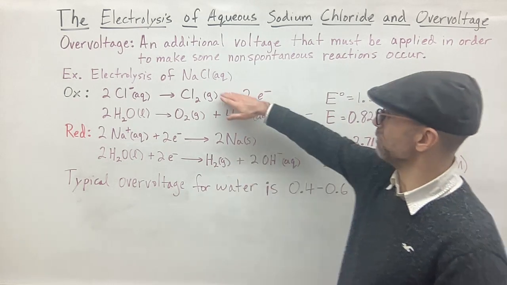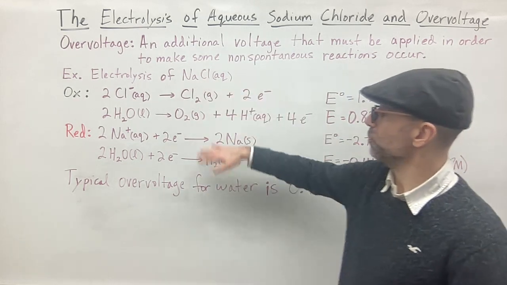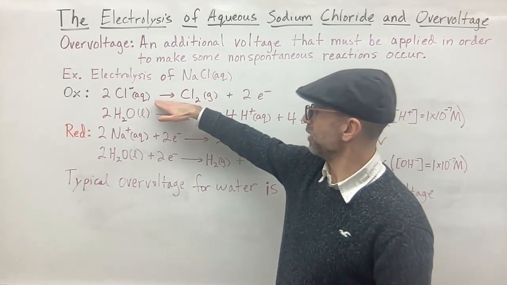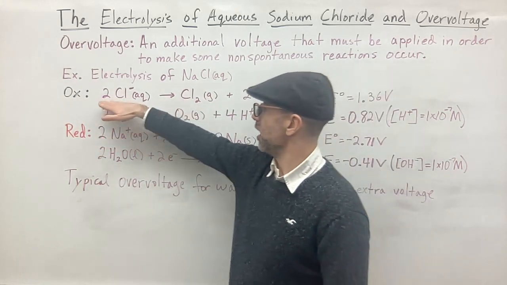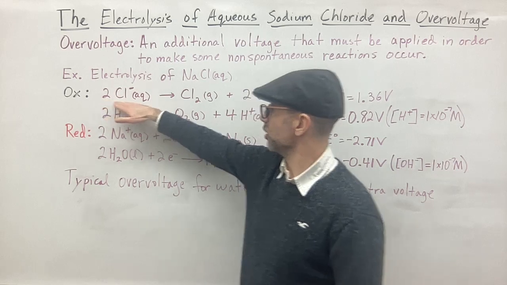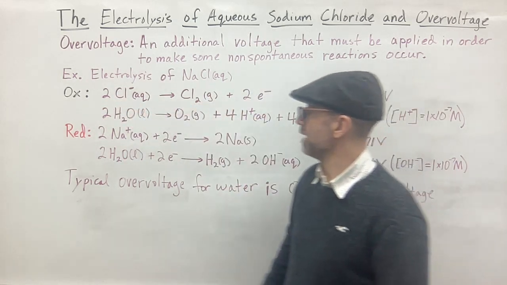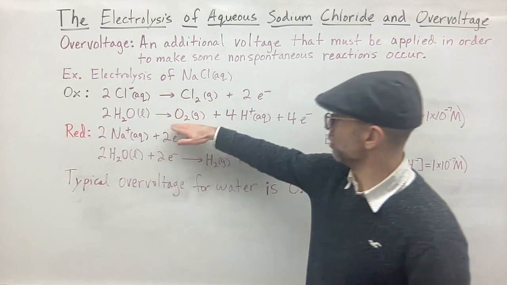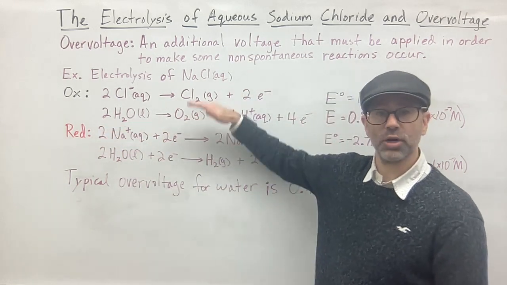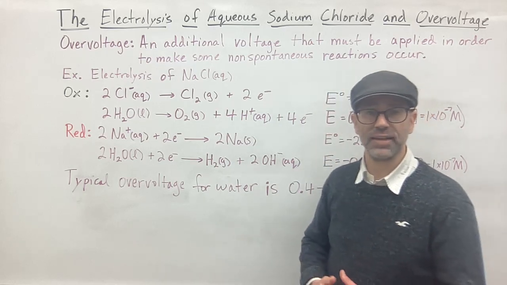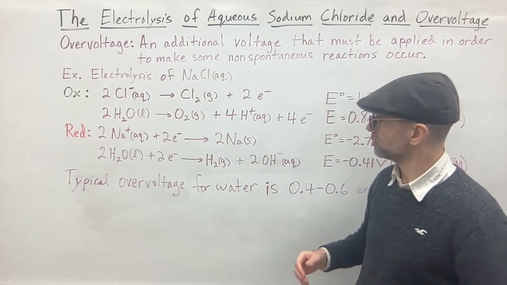So here we have aqueous sodium chloride. For the oxidation, we have two competing possibilities: the oxidation of the chloride ion into chlorine gas, and the oxidation of water into oxygen gas. So which one of those is going to occur at the anode?